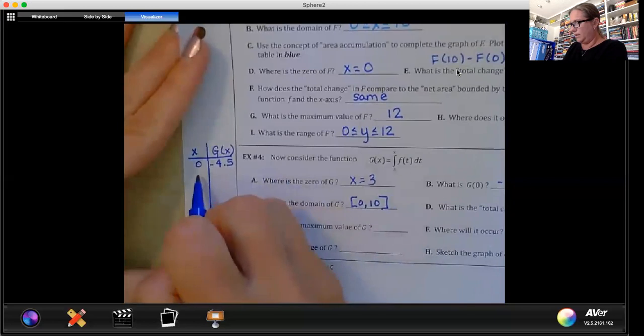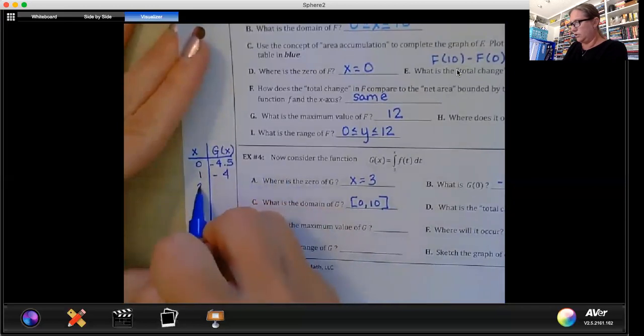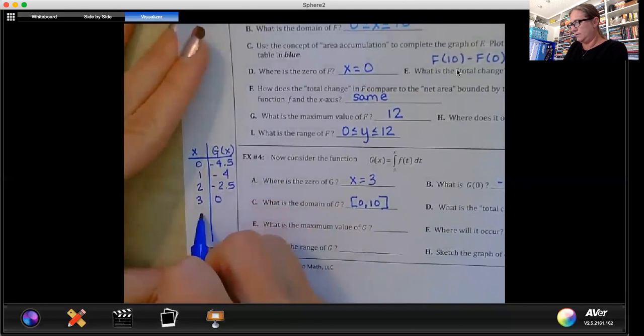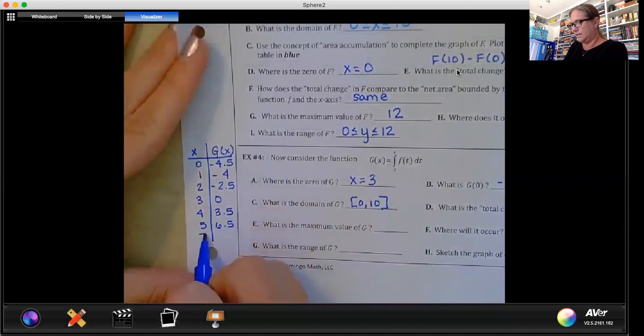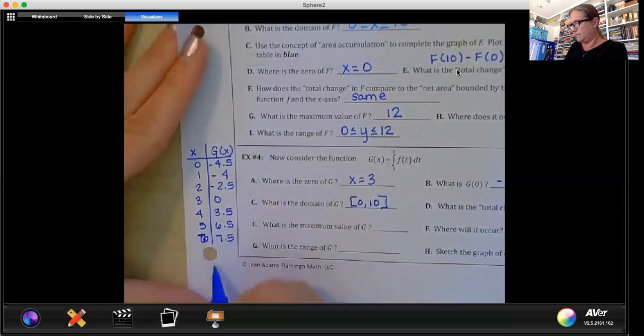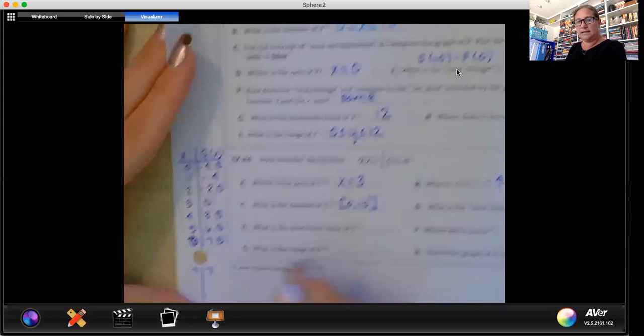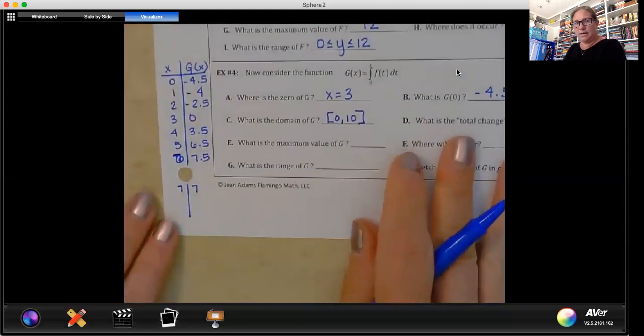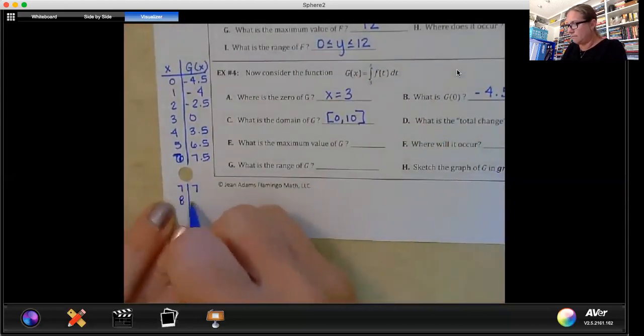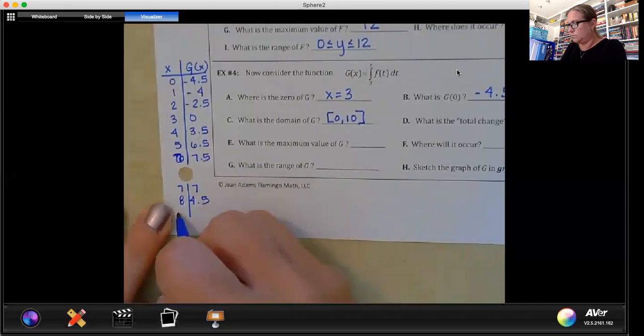We have 1, negative 4, 2, negative 2.5, 3, 0, 4, 3.5, 5, 6.5. I skipped 6, sorry. 6 is 7.5. 7 is 7. 8 is 4.5. And 10 is 1.5.